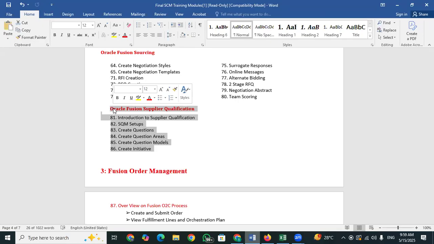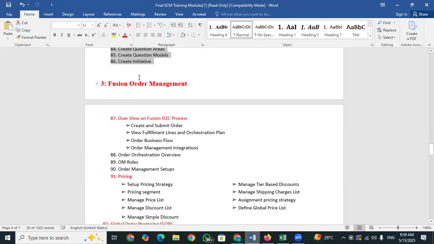Say, for example, even if you are applying for a loan or anything, there are some pre-questions that come into the picture. You need to answer them, then you enter the next page, right? In the same way, suppliers also have some questions. It's optional. This is completely procurement related.